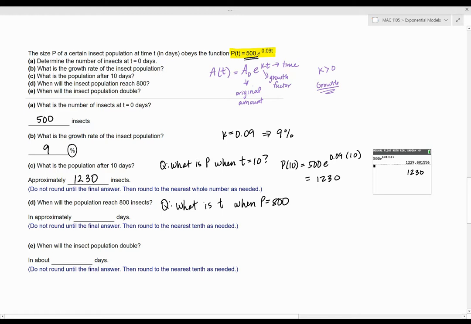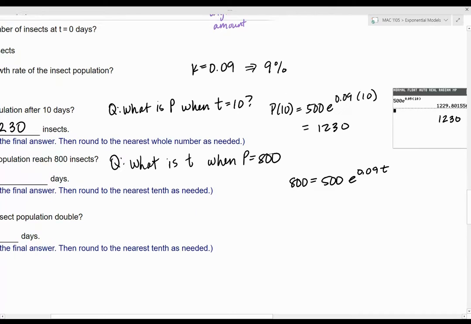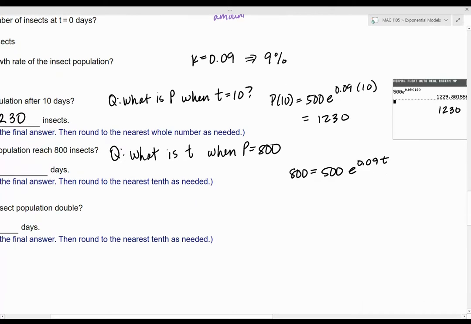Once again, they gave us our function, so I can simply plug in 800 for P. So I have 800 equals 500 e to the 0.09t power, and I need to solve for t. The first thing I'm going to do is divide both sides of my equation by 500. That gives me 800 over 500 equals e to the 0.09t.